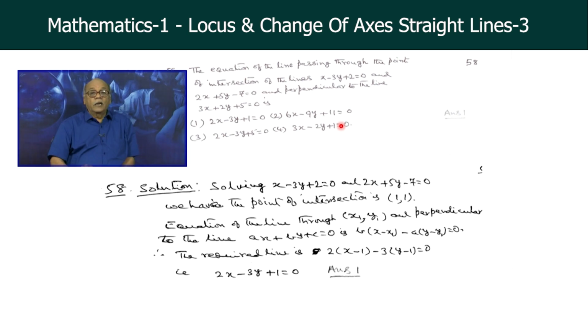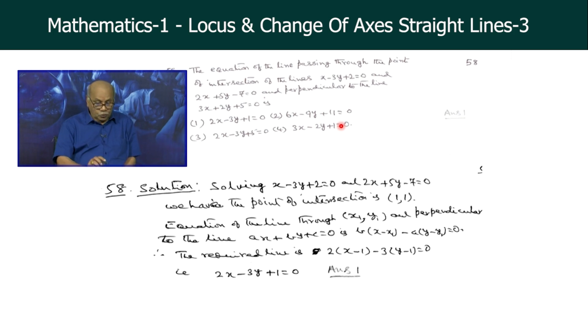But for no value of lambda do you get L2, but you don't bother because we know the equation of the given line L2. So any line passing through the intersection of L1 equal to 0 and L2 equal to 0 is of the form L1 plus lambda L2 equal to 0.